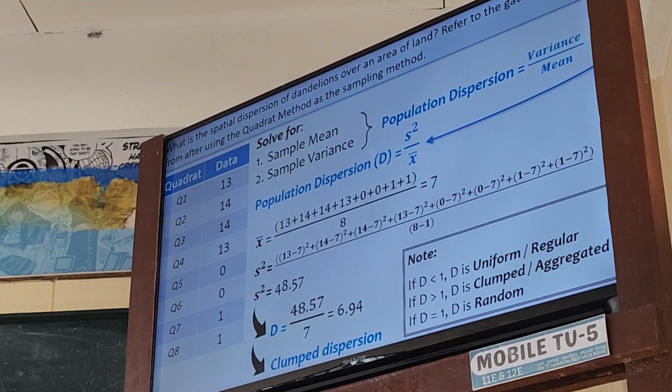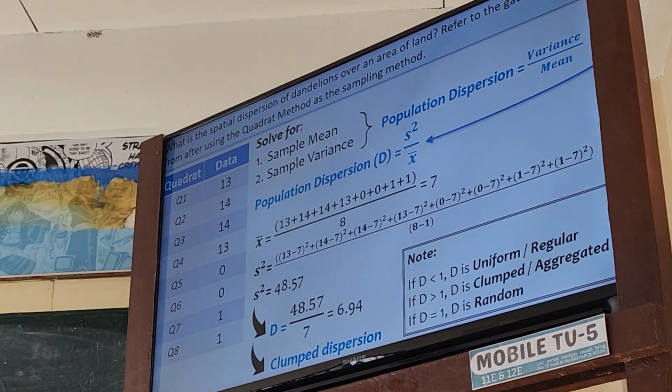Okay, the others whose calculators are older: after STAT or SD mode, please key in the data of the quadrant.